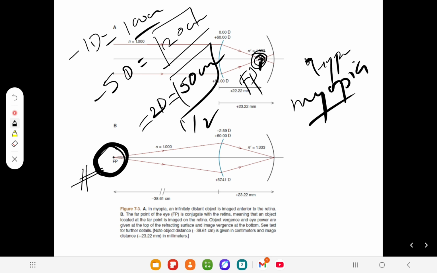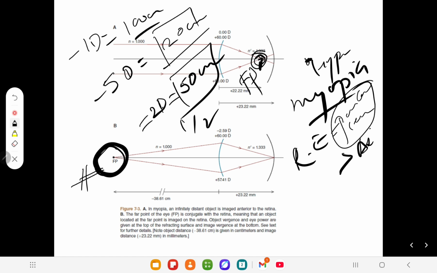So why does myopia occur? Because of the disbalance between two things. What? One is the refractive element. Refractive elements means the power of the cornea and lens. If the power of the cornea and lens together is greater than what the axial length matches, that disbalance should be there. What I mean is the refractive element power is cornea plus lens, and it has greater power than the axial length matches.